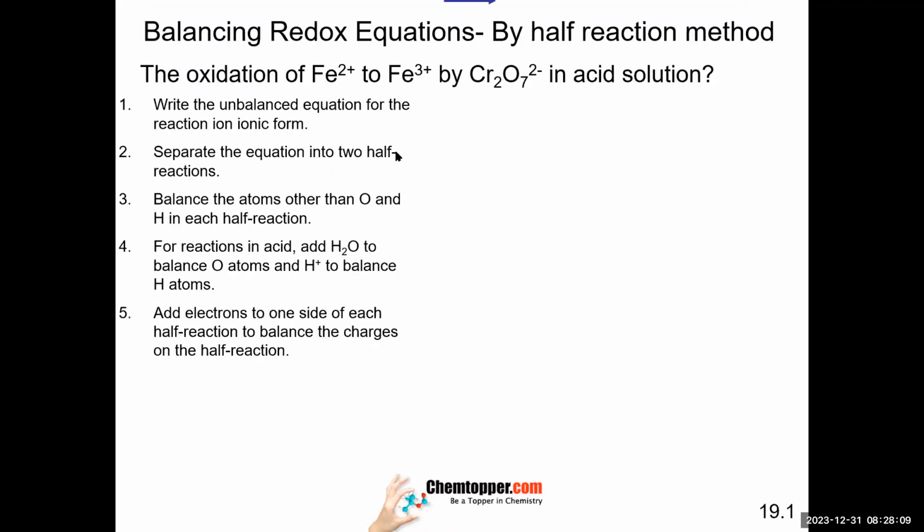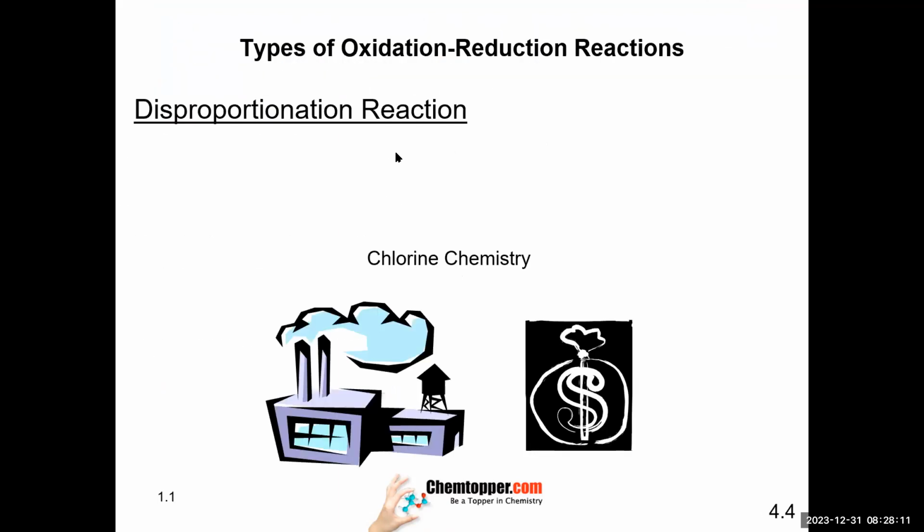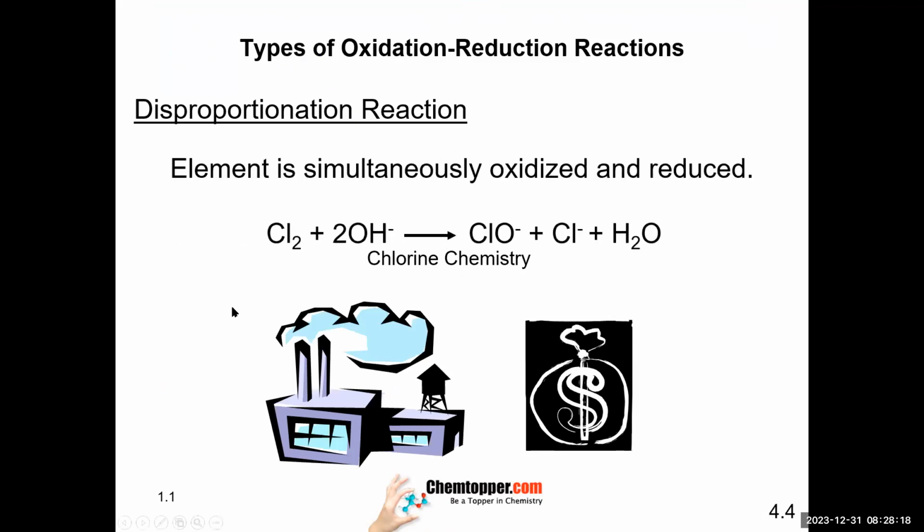Before we move out of this class, let's do one more important reaction. Check this one. These reactions are called disproportionation reactions. Here, what is happening? Check the oxidation number of chlorine here. What's the oxidation number? 0.